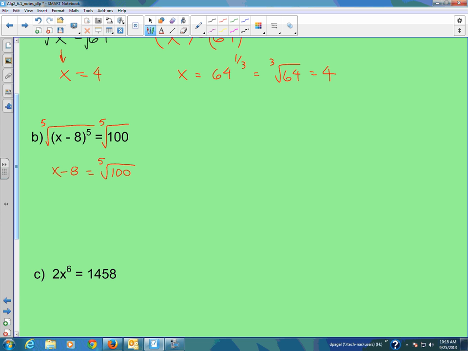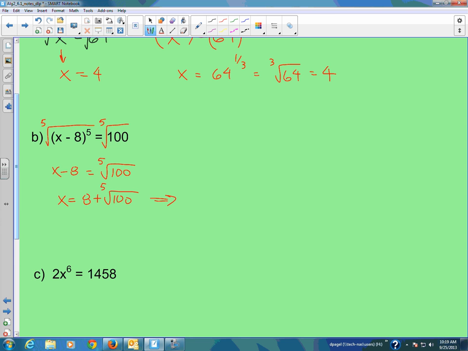Perfect fifths are 1 to the 5th, which is 1, 2 to the 5th, 32, 3 to the 5th, 243. None of those are factors of 100, so I couldn't simplify the 5th root of 100. I'd leave it alone. And then I could just add the 8 over there, and I could have that answer. It just looks a little funny. We're not used to seeing it that way.